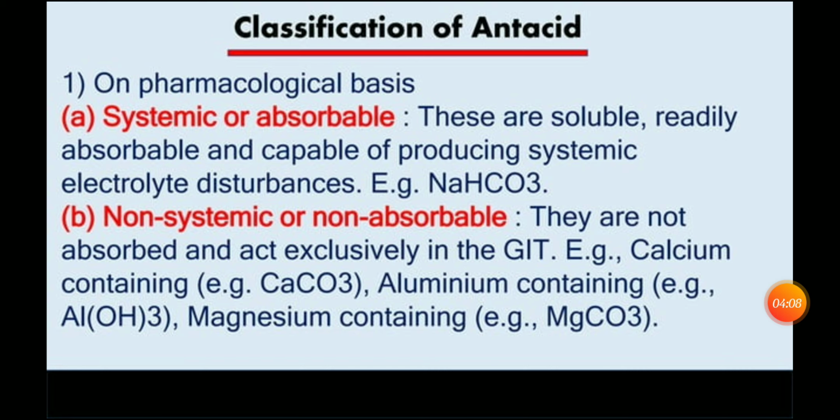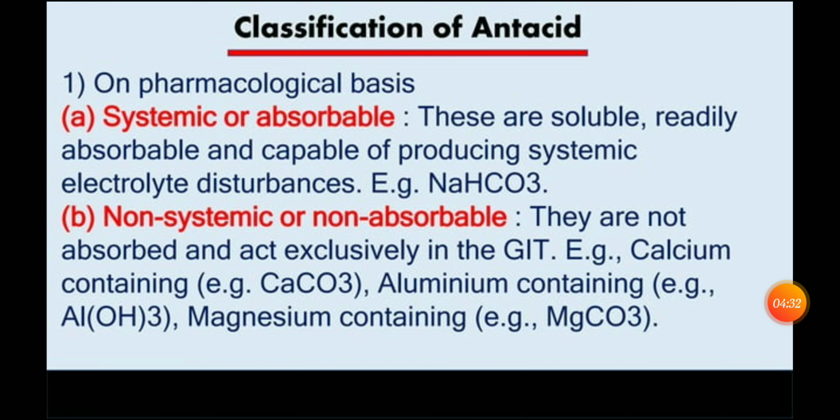An example is NaHCO3. Next, the second is non-systemic or non-absorbable. The name indicates itself: they are not absorbable and act exclusively in the GIT. Examples: calcium carbonate containing calcium, aluminum hydroxide containing aluminum, and magnesium carbonate.